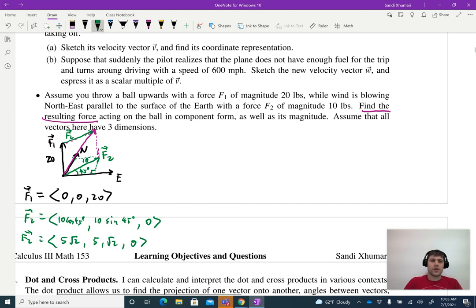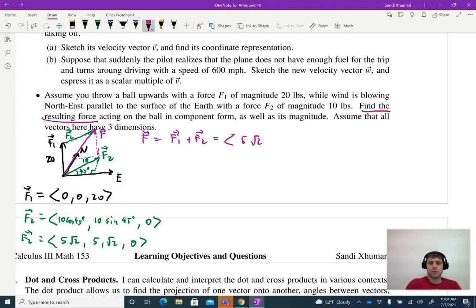So how could we figure out, well, let's see. We want to find this force in component form. Let's call this F. F is the resulting force, so it's F1 plus F2. Well, since we're given the components here, that's not too hard to do.